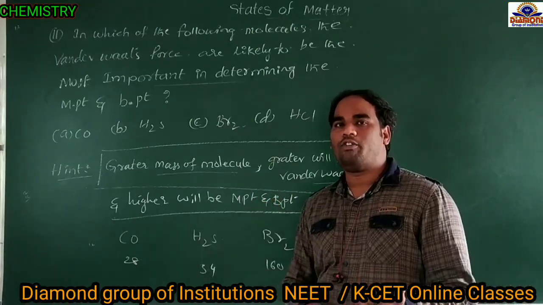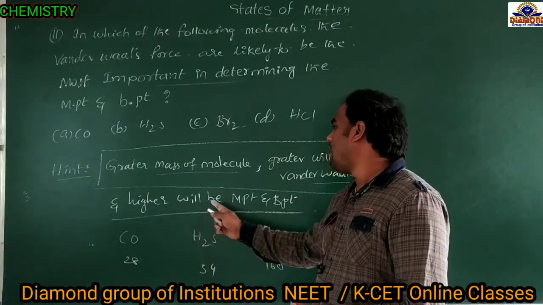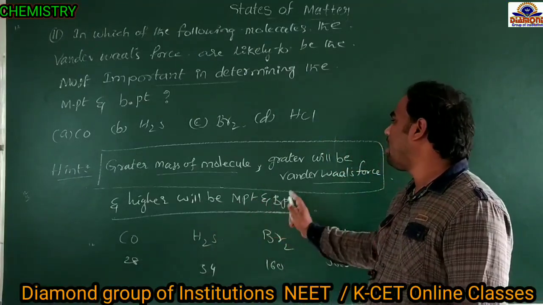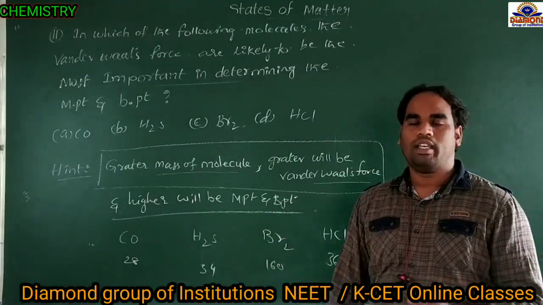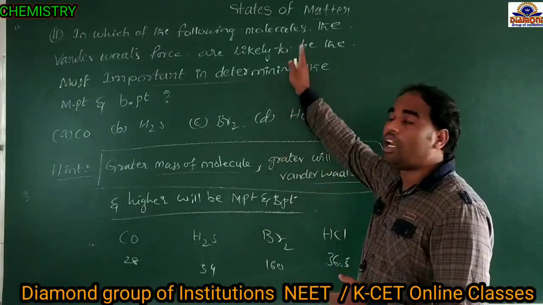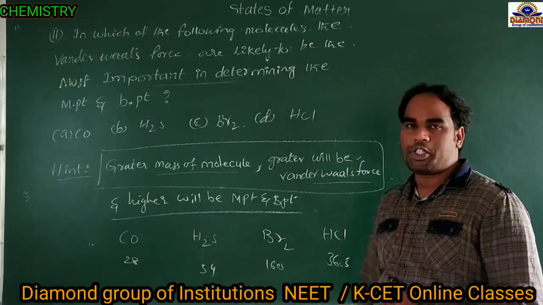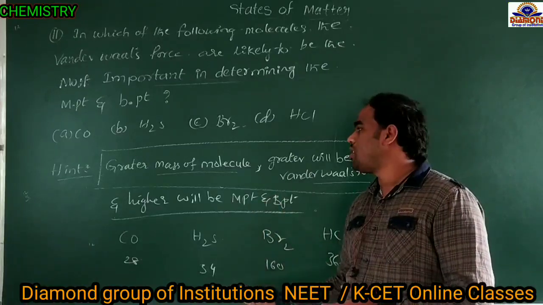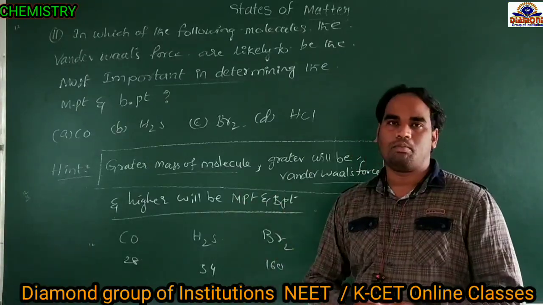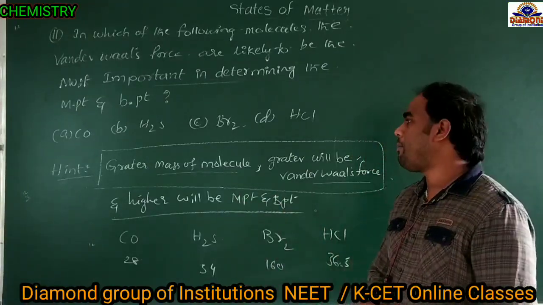If the van der Waals force is more, it will have a higher melting point and boiling point. Okay, if the mass of a molecule is more, the van der Waals force is more, and it has a higher melting point and boiling point.